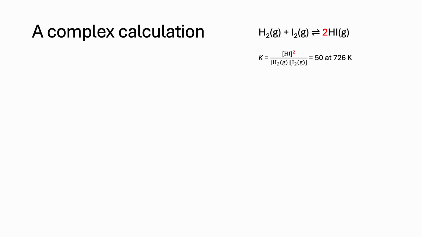But what happens when we have an equilibrium situation in which we end up with a balance of reactants and products? Take the equilibrium between hydrogen, iodine, and hydrogen iodide as an example. I want to start with 1 molar concentrations of both hydrogen and iodine and calculate the concentration of all 3 gases at equilibrium.